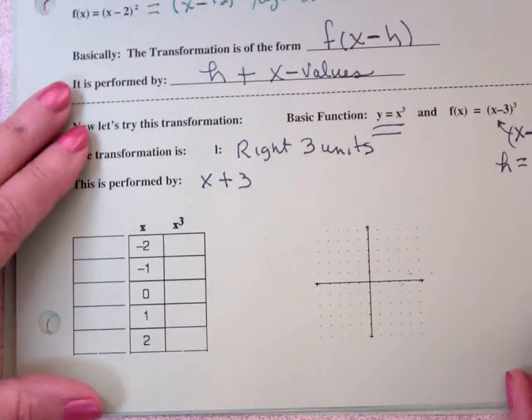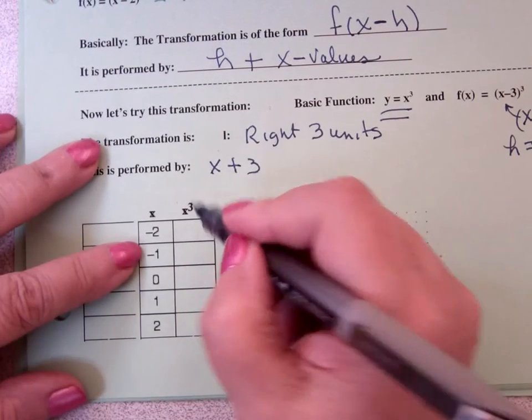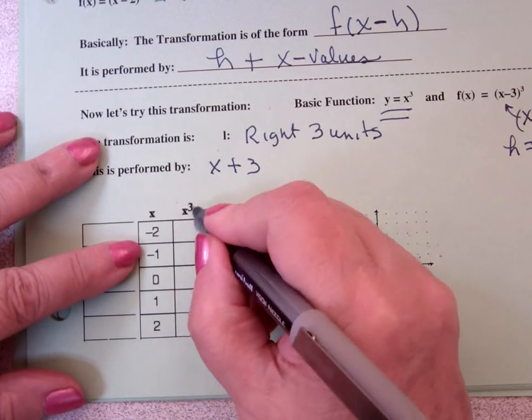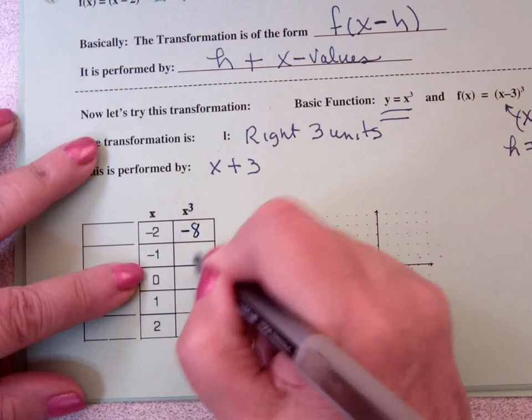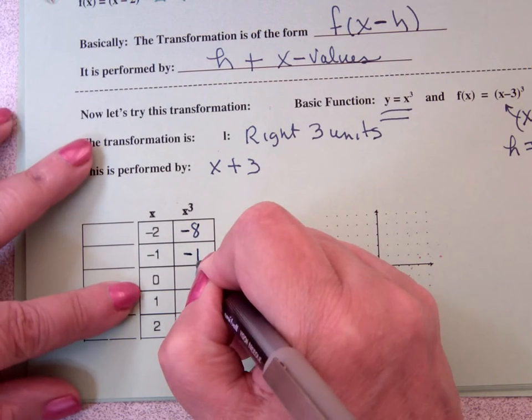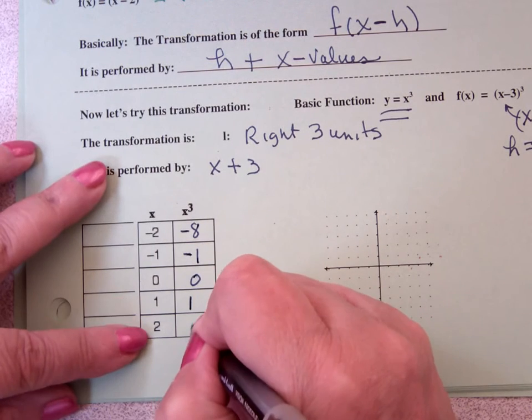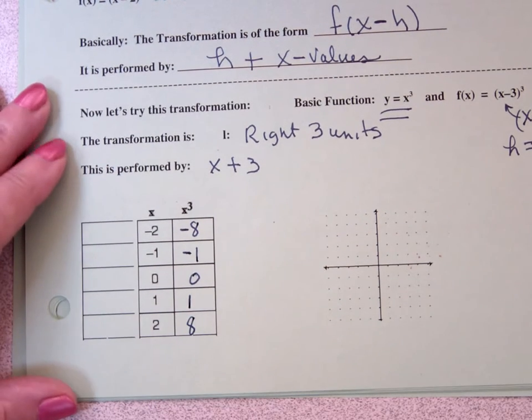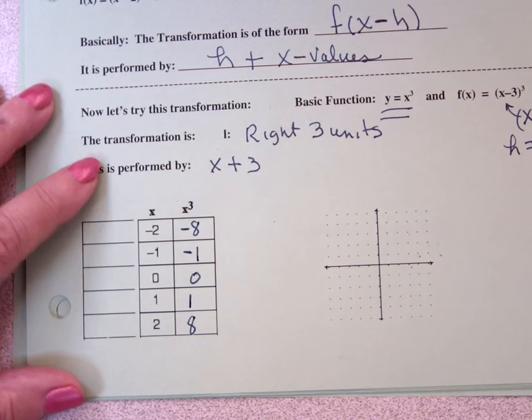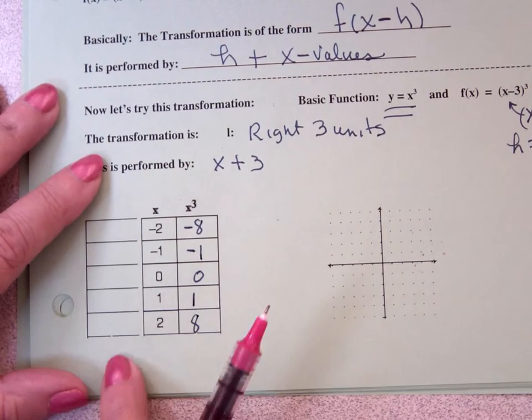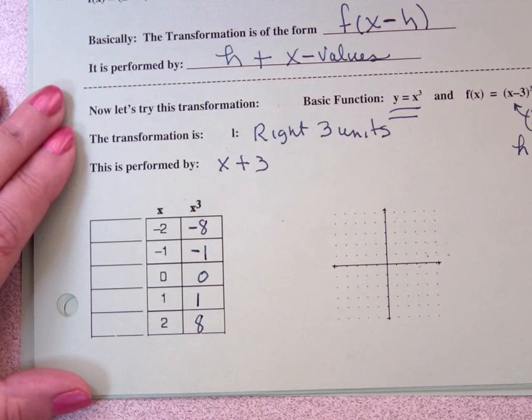So if I take a look at the basic function, it's y equals x cubed. Negative 2 cubed is negative 8. Negative 1 cubed is negative 1. 0 cubed is 0. 1 cubed is 1. 2 cubed is 8. Now, because I'm going to be manipulating the x's, I'm on the x side of my t-bar chart.